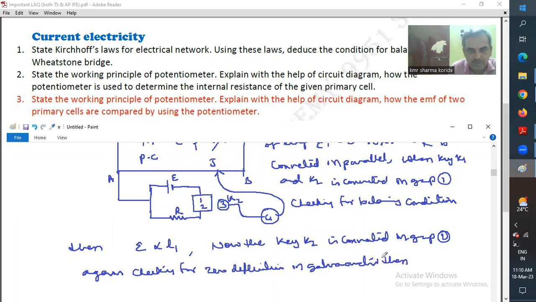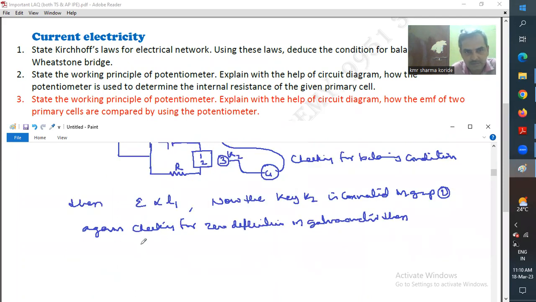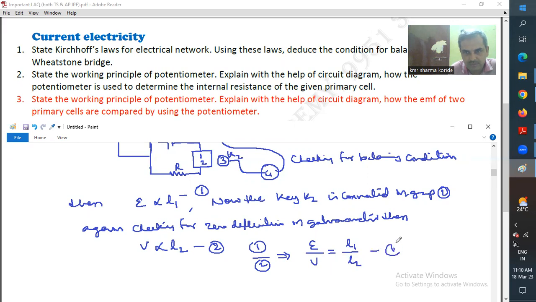Then the potential drop across the resistance, V, is directly proportional to L2. This is also again a principle of the potentiometer wire only. So you call this equation 1 and this equation 2. Dividing 1 and 2, EMF by V is equal to L1 by L2. So this is equation 1.